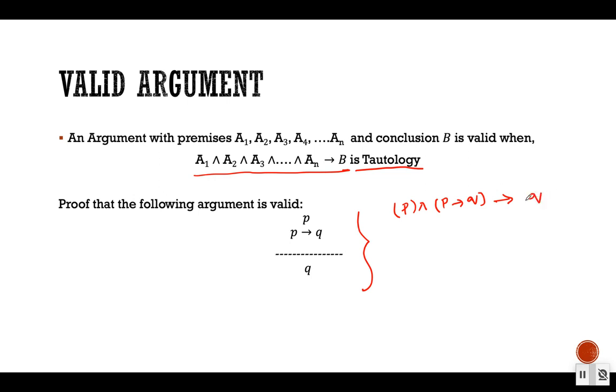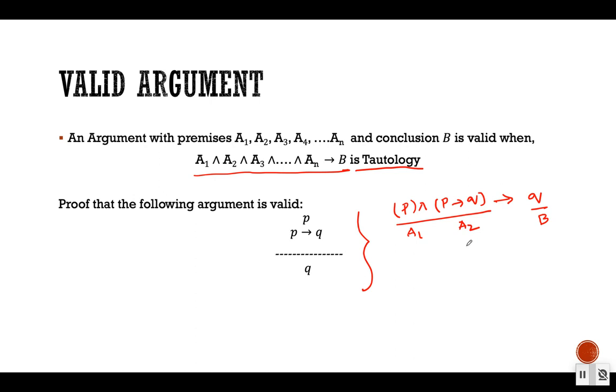Implies Q. So this is our A1, A2. This is our two hypotheses and this is our conclusion. Given that A1 is true and A2 is true, A1 and A2 implies Q, our conclusion.